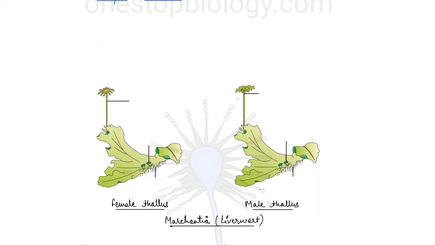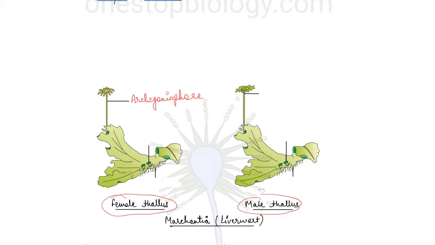So this is Marchantia, which is a liverwort. Now here, as you can see, they have the archegoniophore. So here you can see that this is the female thallus, this is the male thallus.